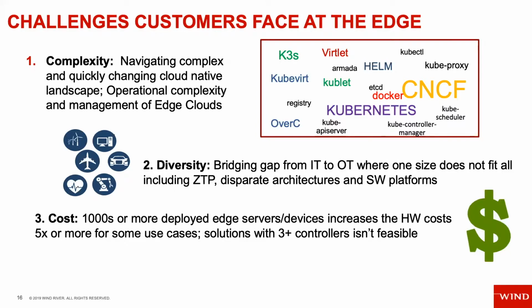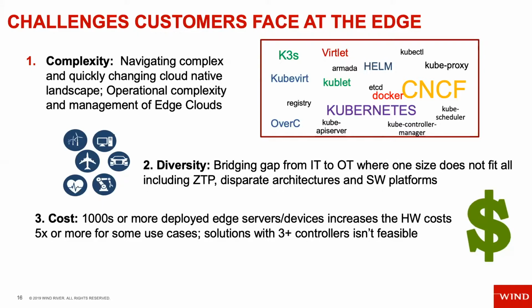Cost is something that doesn't really get discussed enough. I think there's often a perception that you want to move all the applications to the edge because it'll have faster response and better bandwidth and so on.